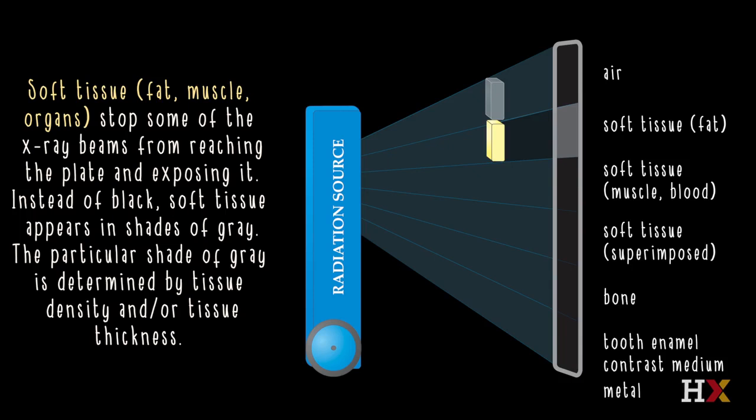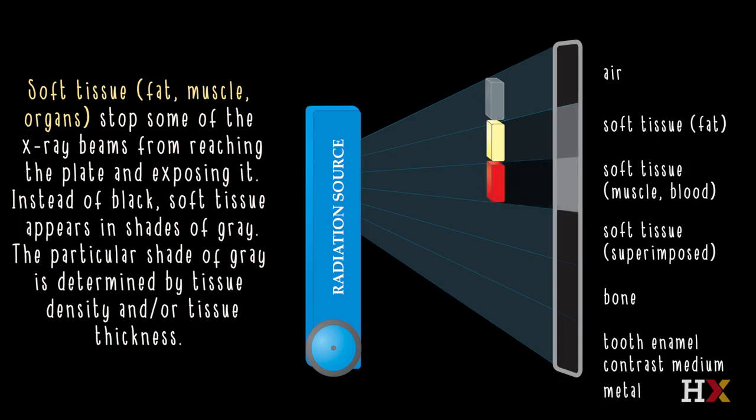The particular shade of gray is determined by two things. First, the density of the tissue. So this is a block of fat shown in the diagram. Fat is not particularly dense, and so the portion of the plate will be relatively dark gray, maybe even a little darker gray than it's shown.